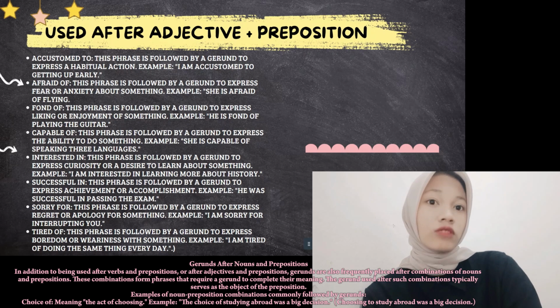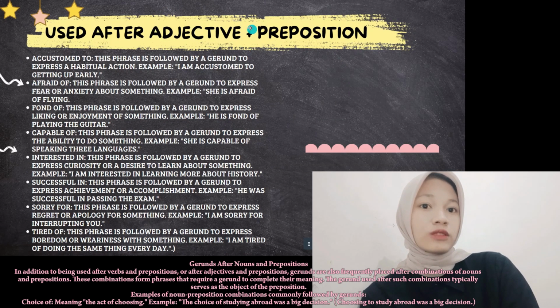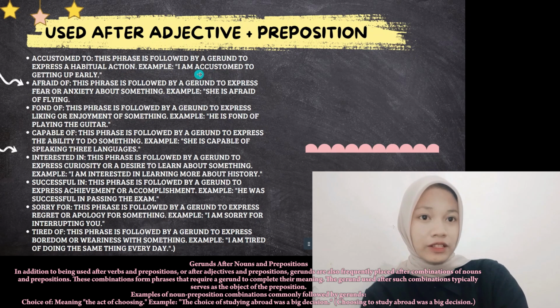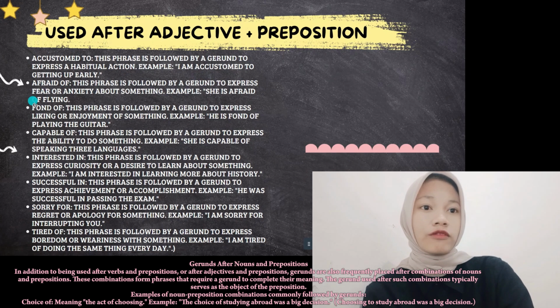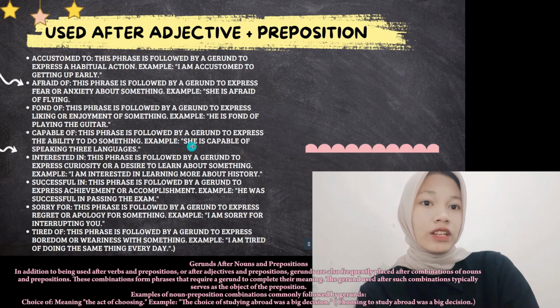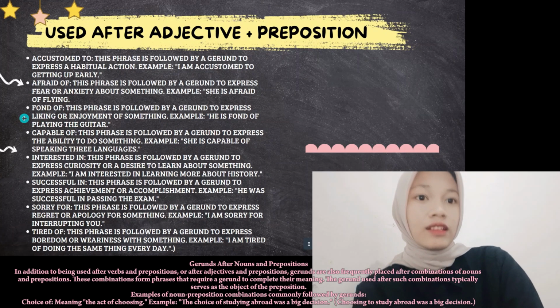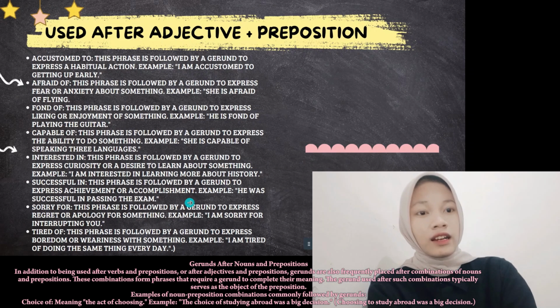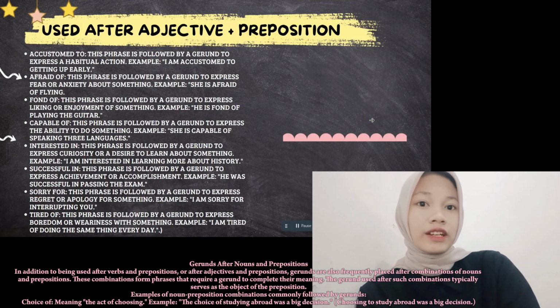Gerunds after nouns and prepositions. In addition to being used after verbs and prepositions or after adjectives and prepositions, gerunds are also frequently placed after combinations of noun and preposition. These combinations form phrases that require a gerund to complete their meaning.